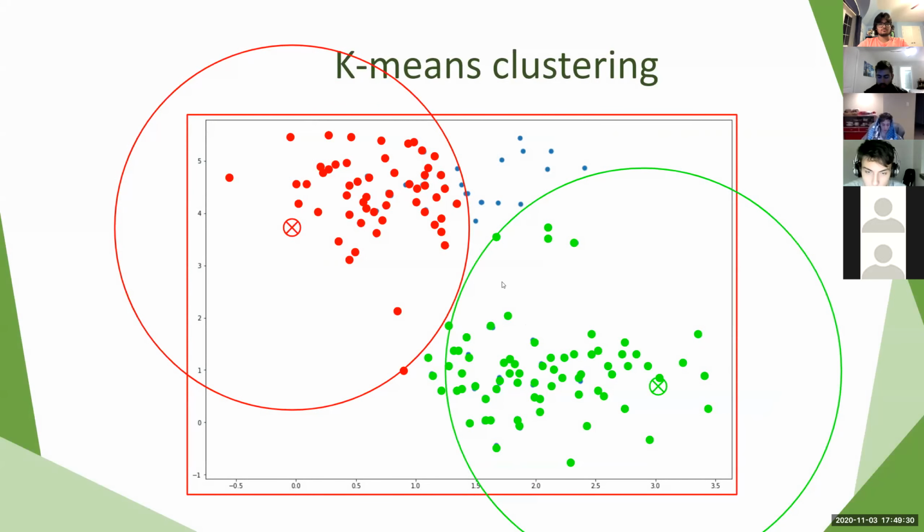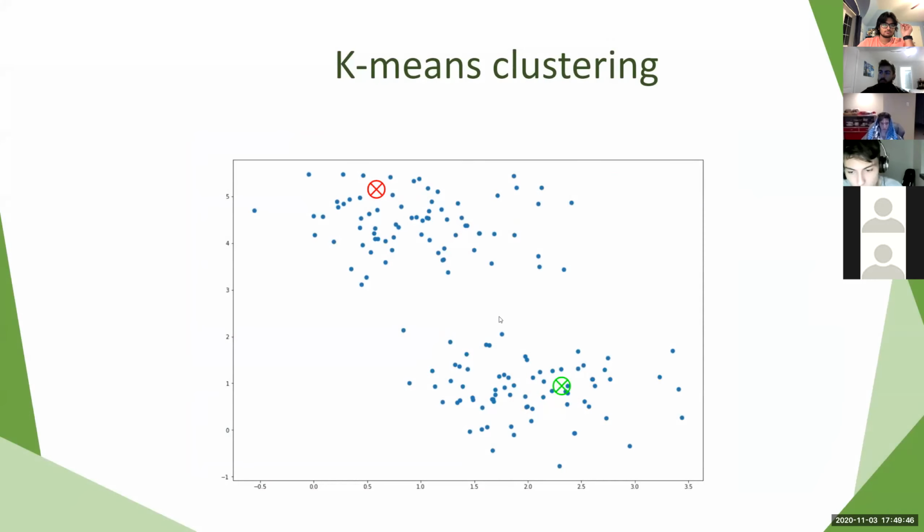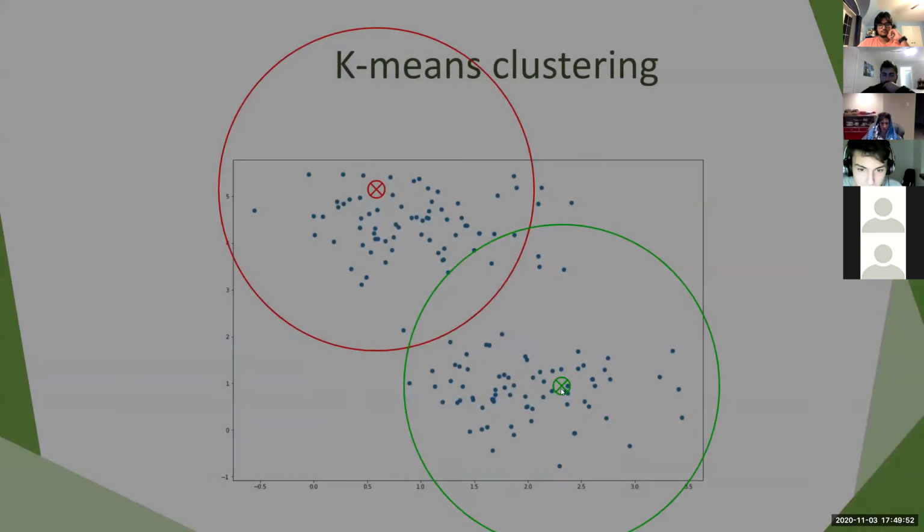Imagine these blue points are also classified. So once we've classified all these points, we take all of these points and we find the middle of all of those points, which is called the mathematical centroid. So we reposition our first centroid, and we do the exact same thing again.